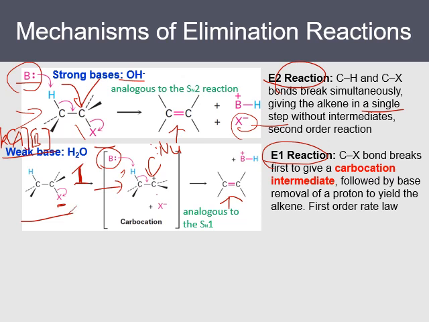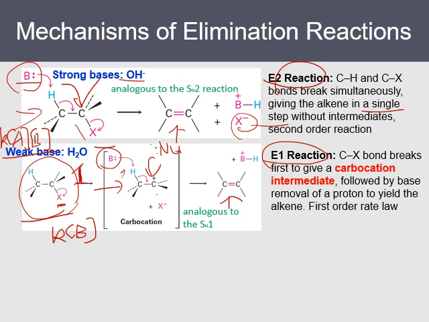Because the first step only involves 1 reagent, the alkyl halide, the reaction is first order. So rate equals k[A] only, and that's why it's called the E1 elimination. Just like SN1, the first step also forms a carbocation and only involves the reagent alkyl halide. So that's the SN1 reaction.